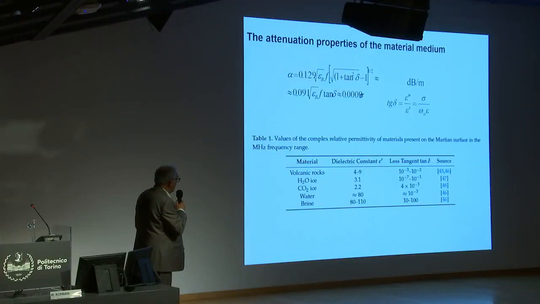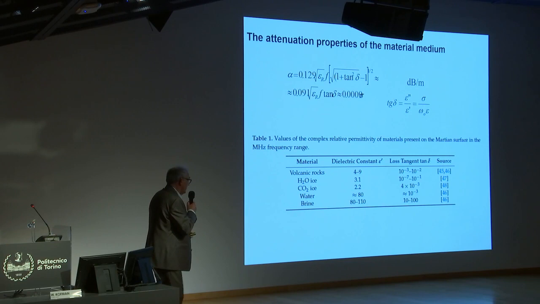You can see some materials shown here, and for water ice, the electric properties are constant, about 3, and the absorption, the loss tangent, which characterizes absorption, as is written here, this is attenuation, is very low, essentially, for pure ice, as also for water. But the loss tangent for brine is firstly very big, and the reflection coefficient is also very big. This is used in the new paper from MARSIS, I will tell in the end.